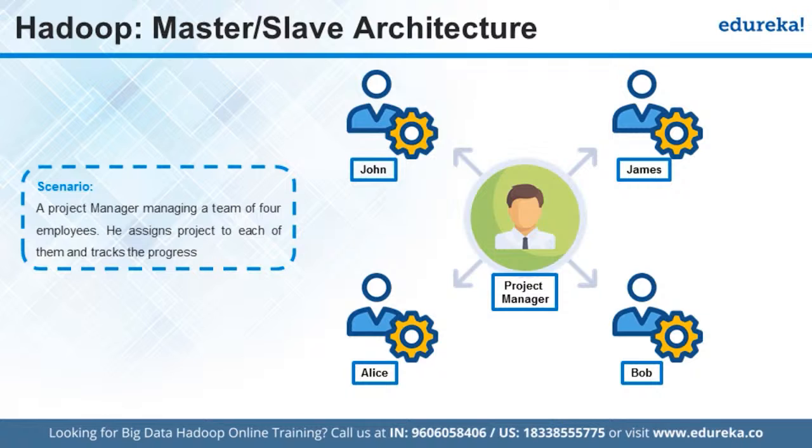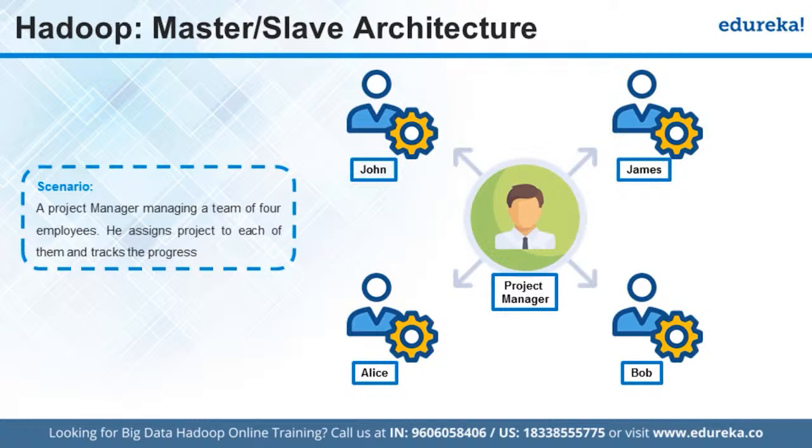The project manager's job is to assign the work to the different people in the team, and his ultimate job is to collate all the work from the different people and make it a deliverable, right? The same analogy applies here as well.